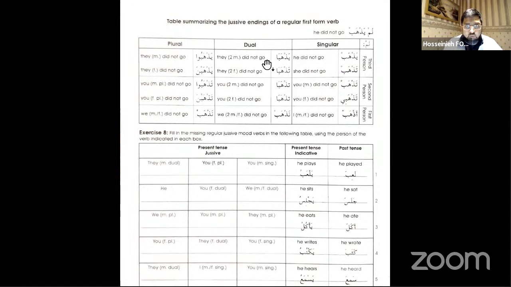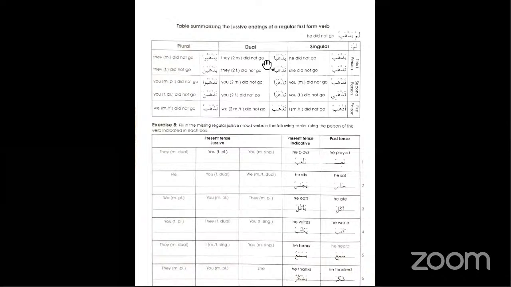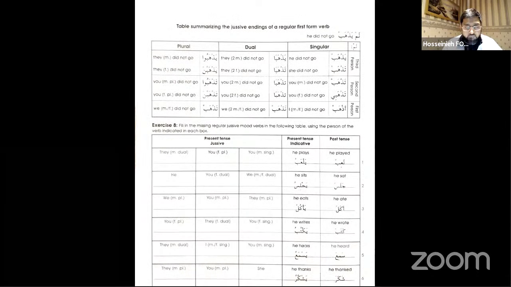So this is all of what we're doing: the present tense verb in the majzoom state. The singulars get a sukun, and in the dual and the plurals, the noons are dropped.